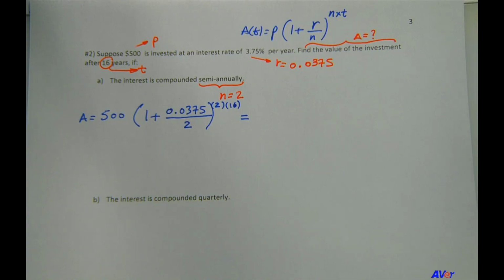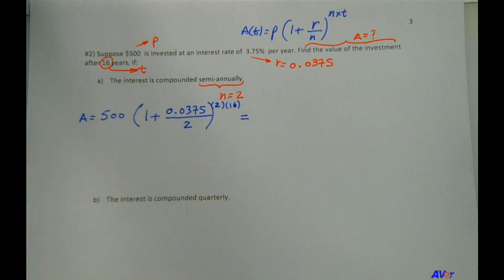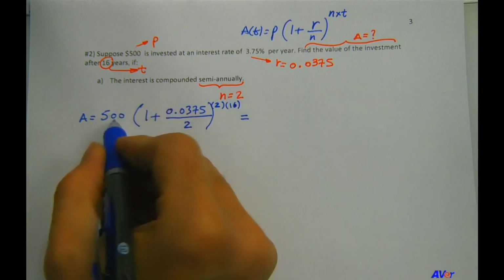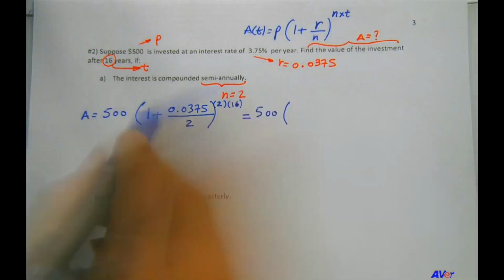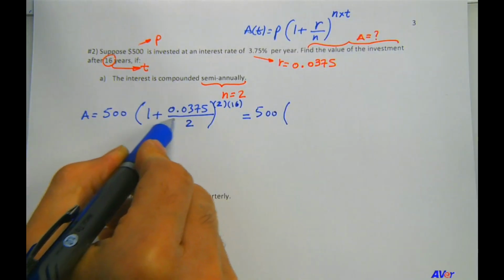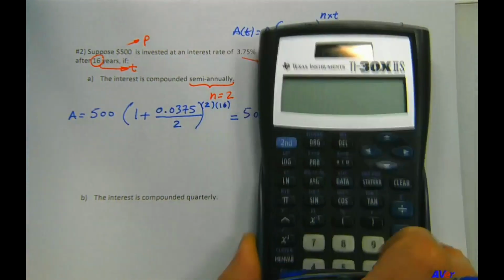So calculate this quantity in pieces rather than all at once is what I'm saying. I'm going to do that myself. So $500, I'm not going to touch that for now. I'm going to start from inside the parentheses. We have 0.0375.